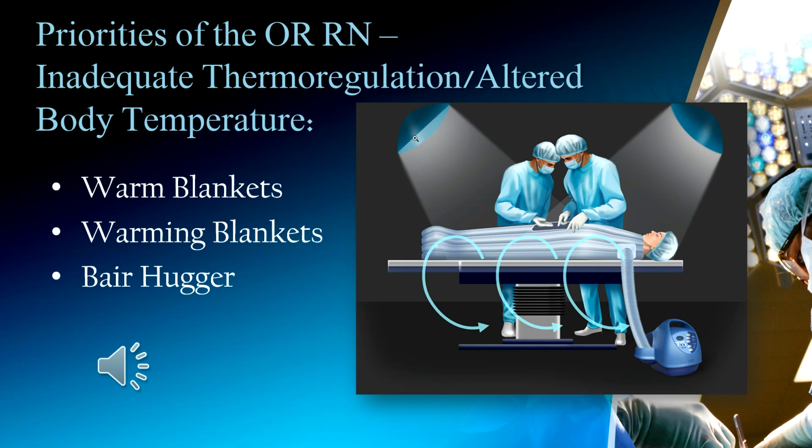I have never seen a bear hugger that has a window in it for your procedure to happen through, but that would be pretty cool if we could have that. So yes, bear huggers are used a little less frequently just because you have to have access to that procedure area.